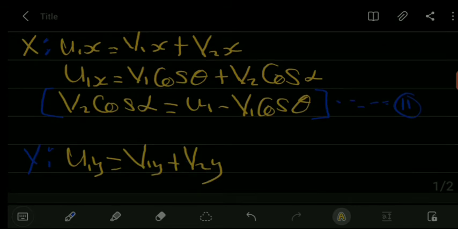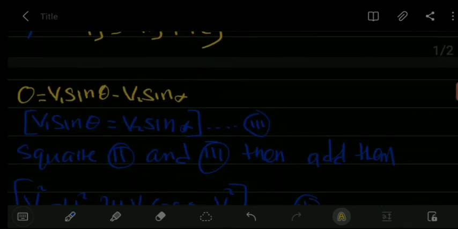Now there we go. Since we have a 0 on the other side, we can simply equate the two, and we're going to have v1 sine theta equals v2 sine alpha. So this one is our equation 3.